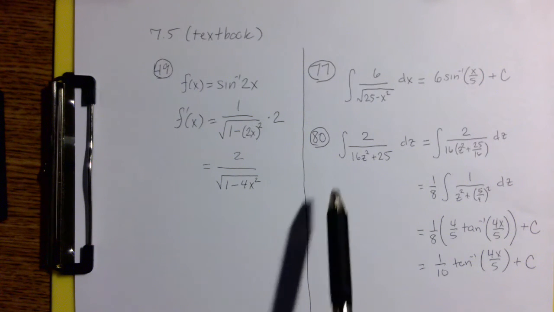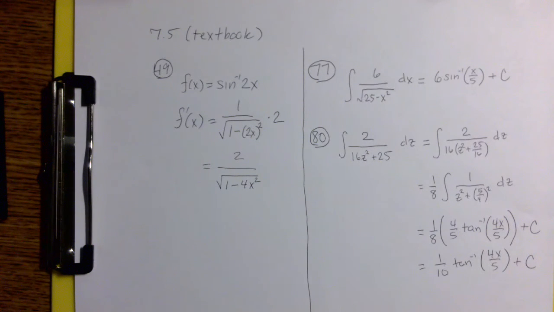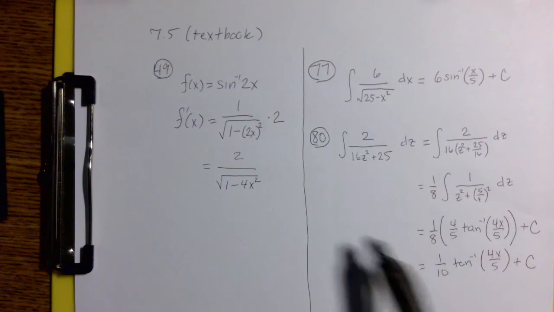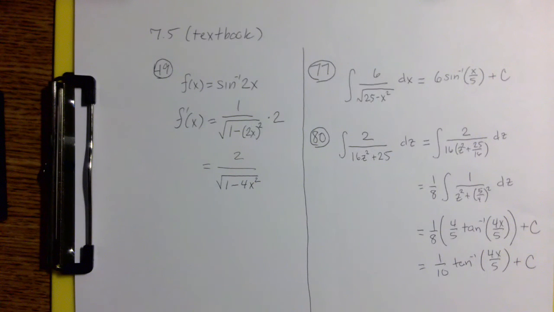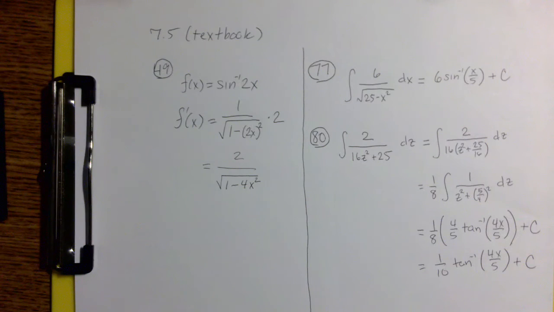I mentioned that there's kind of 2 approaches we could have taken, and I'll just mention the other one, and if you want to check that, that'll give you the same answer or an equivalent answer. I'll leave that to you to decide if you want to go through that process. What we could do is a substitution here. So instead of factoring out the 16, we could say, well, why don't I take that 16z squared and think of that as my new variable squared?